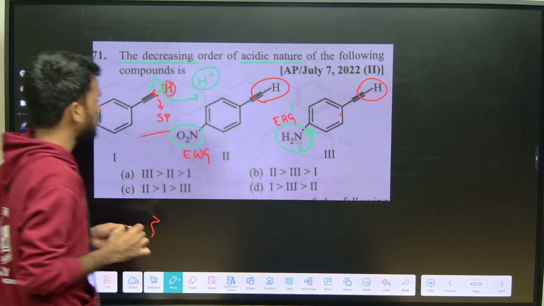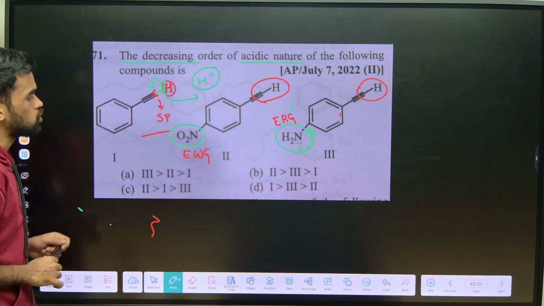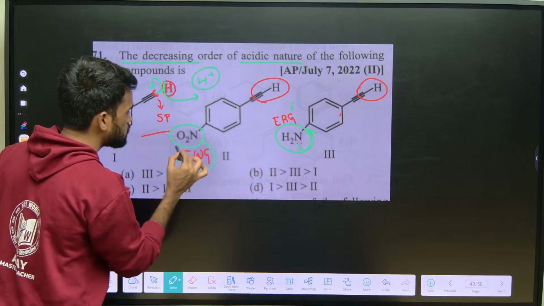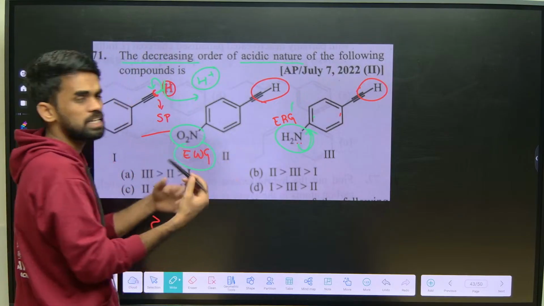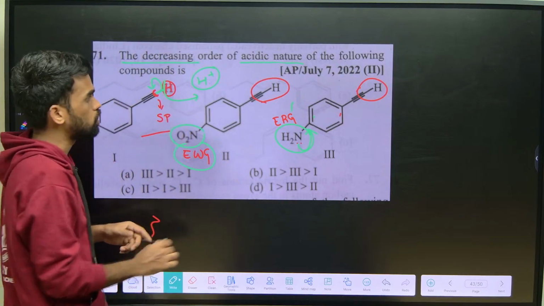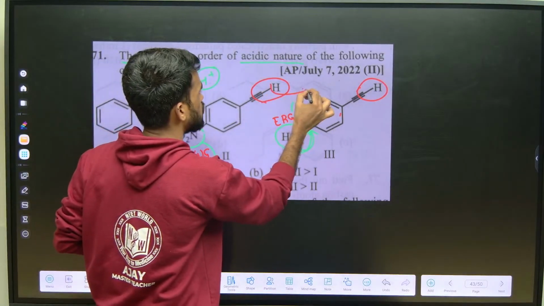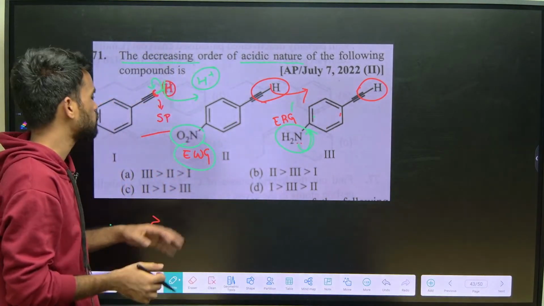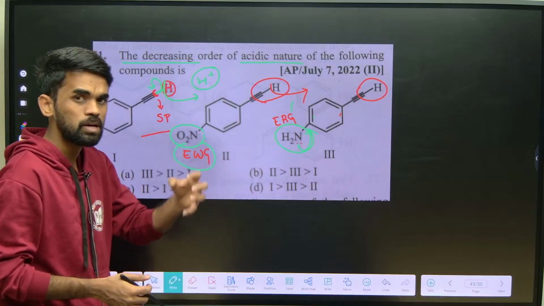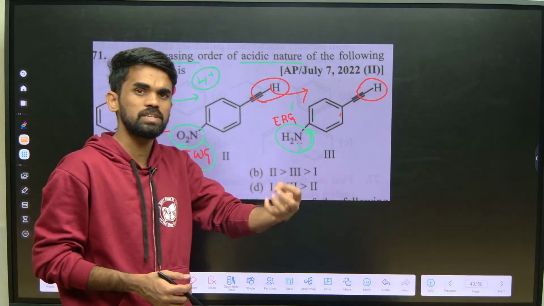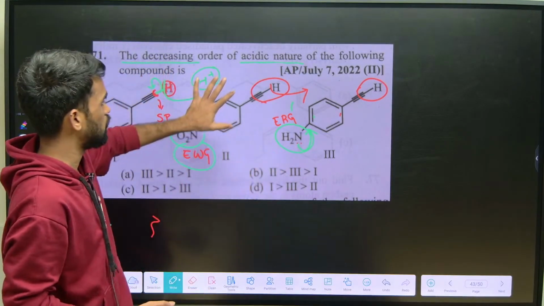There is no such group here. Whenever we have electron withdrawing groups, that increases the acidic nature of organic acids. It means the H plus ion comes out easily. Therefore, wherever we have an electron withdrawing group, the acidic nature will be more. So it will be more for 2.